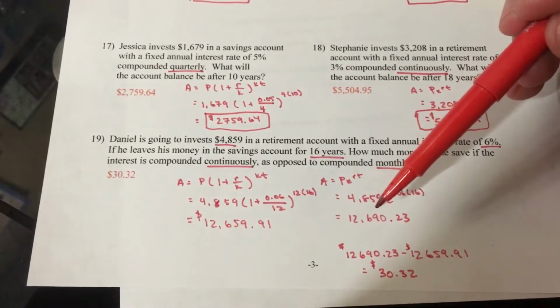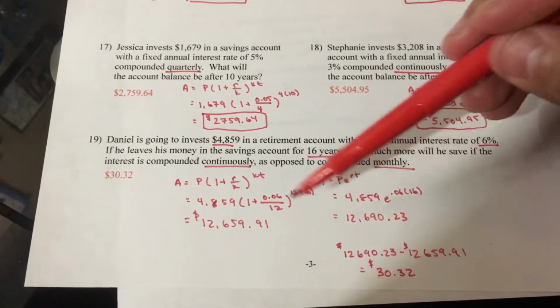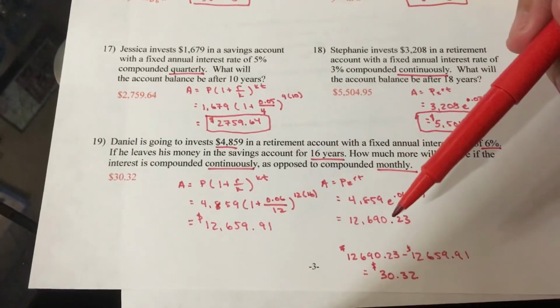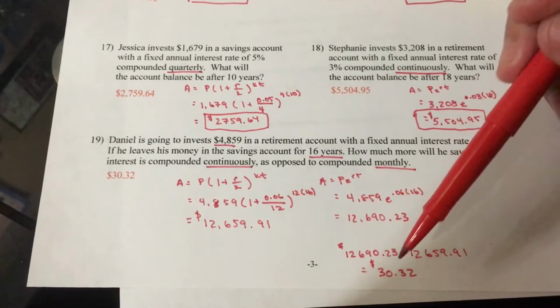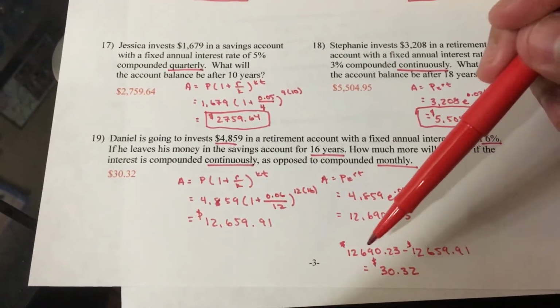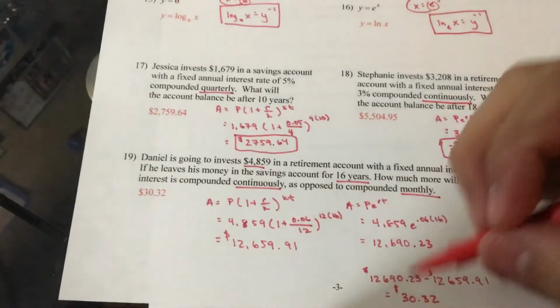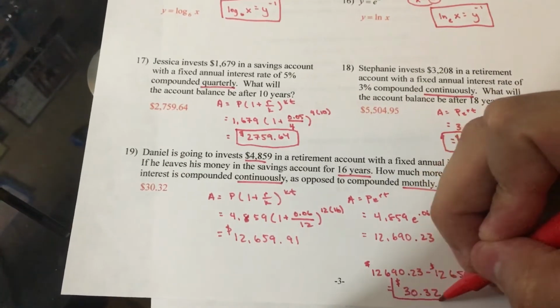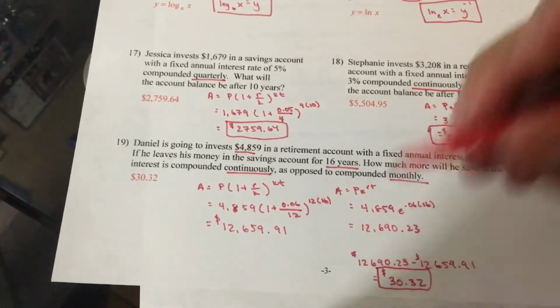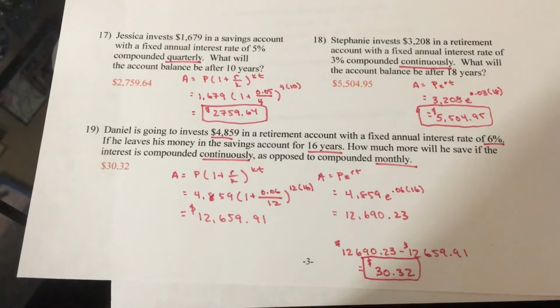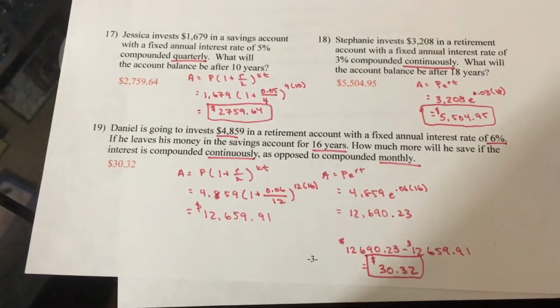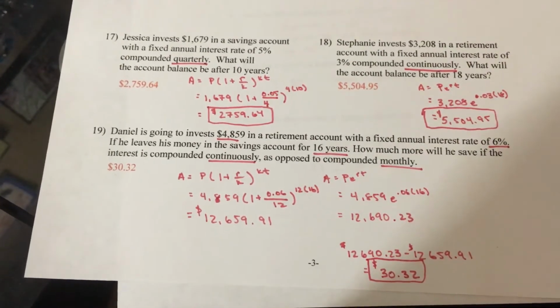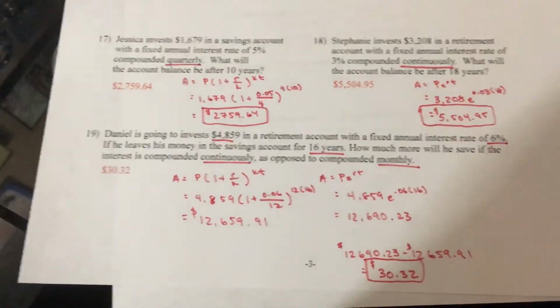Now, I want to know how much more will I make continuously than compounding monthly. So if I subtract these two numbers that I found, then I'll see that I make $30.32 to be exact, if I compound continuously. So that's what this question is asking.